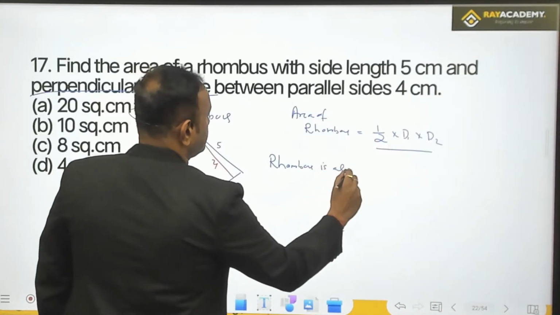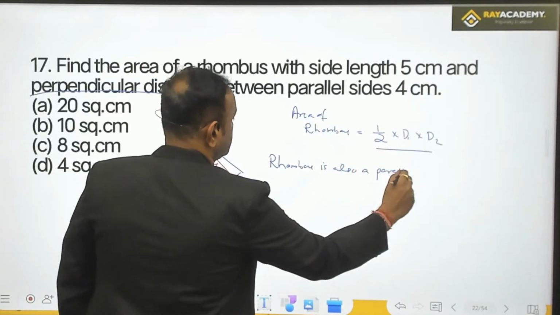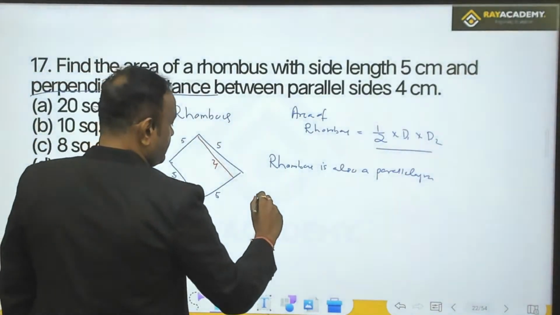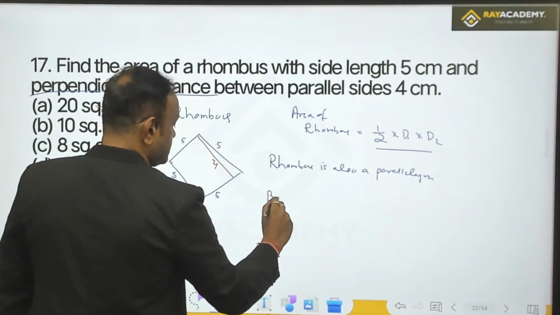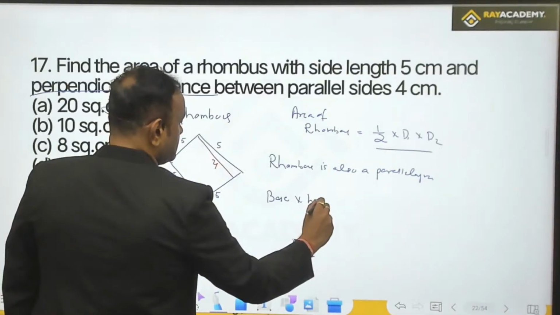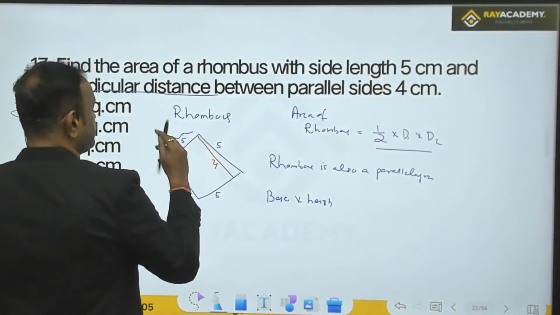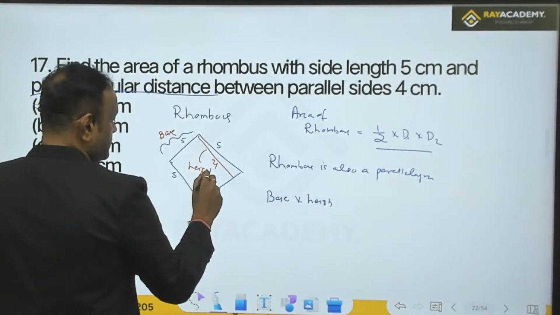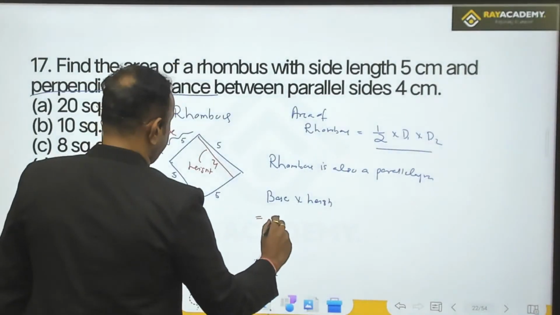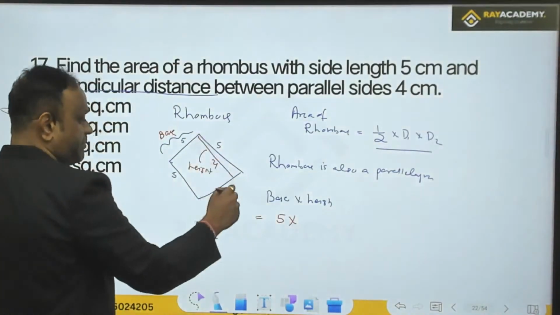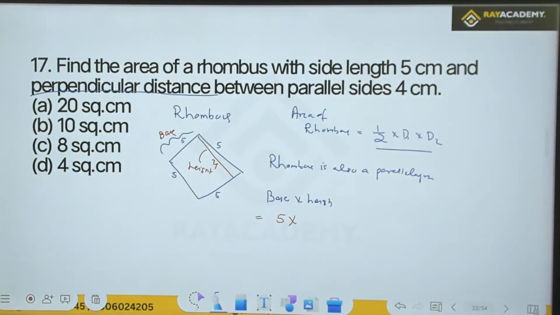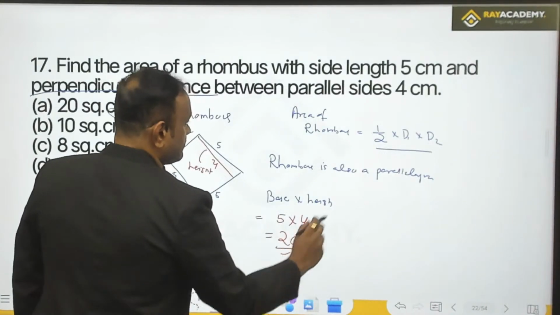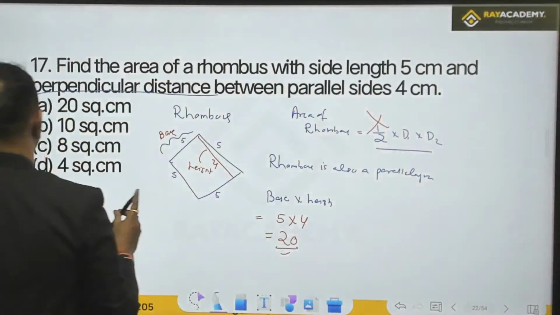So the parallelogram area is base into height. If you take this as the base, this becomes your height. So the area of the rhombus: base is 5 multiplied with the distance between parallel lines, which is indirectly giving you the height. 5 multiplied with 4 will give you 20. So here you don't need the formula half d1 into d2.